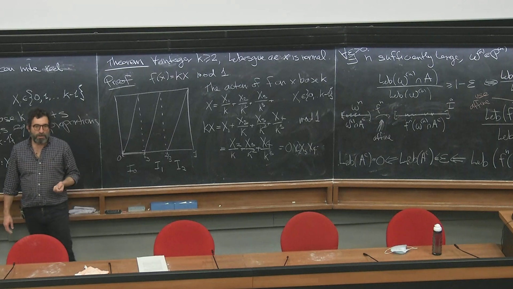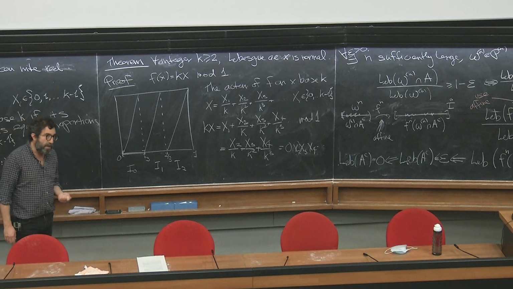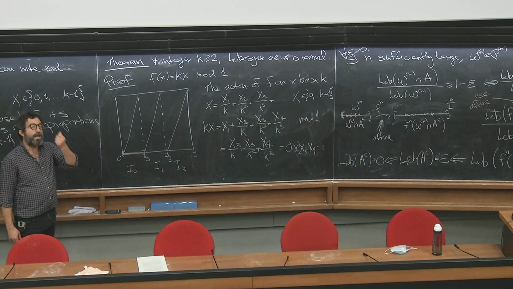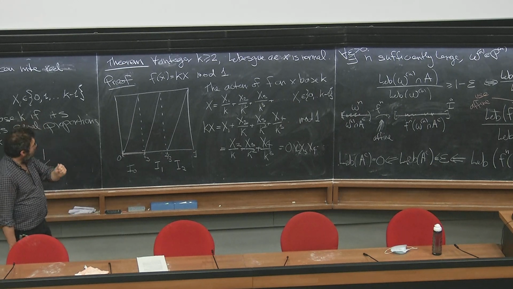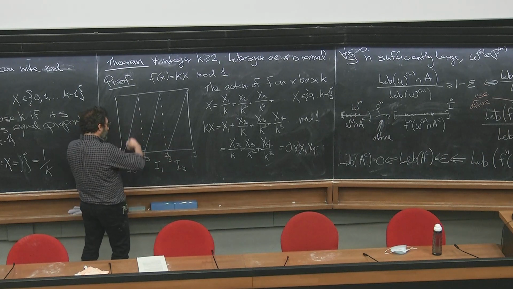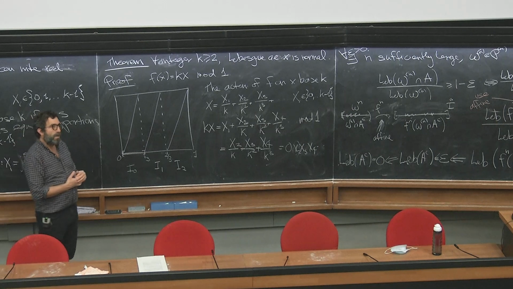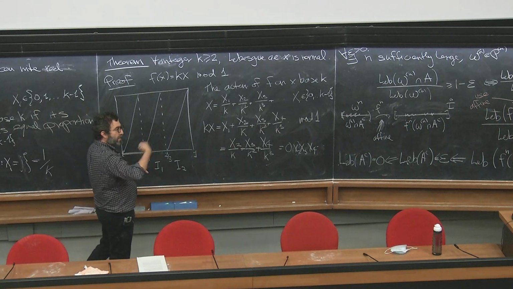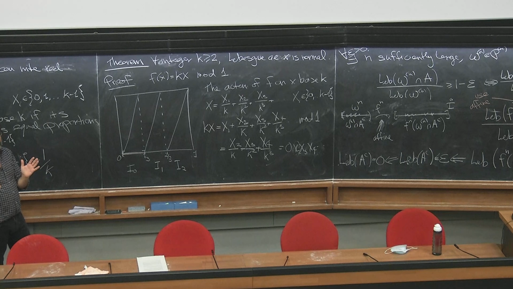The corollary of Birkhoff's ergodic theorem says that if a measure is invariant and ergodic, then for almost every point with respect to that measure, the proportion of time that you spend in a certain set converges to the measure of that set. This is the fundamental corollary.